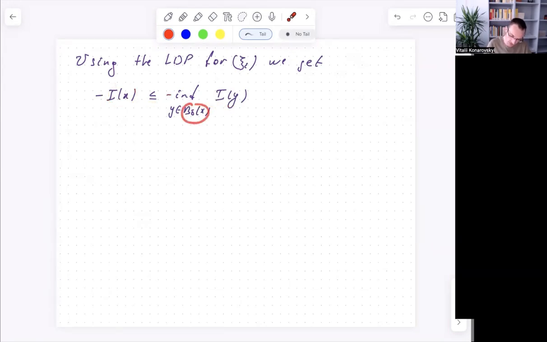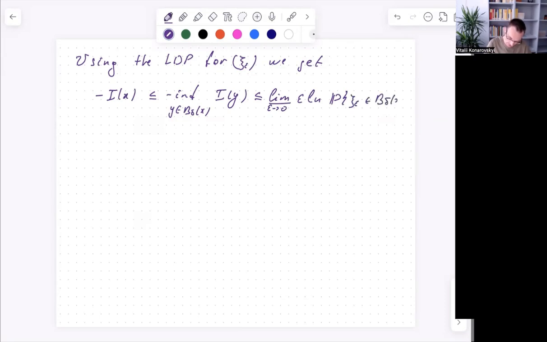But now this ball is an open set, and psi epsilon satisfies the large deviation principle. In particular, it satisfies the lower bound for the open set that is the ball. Thus it is less or equal than the lim inf as epsilon goes to 0 of epsilon logarithm of the probability that psi epsilon belongs to the ball of radius delta with center at x.